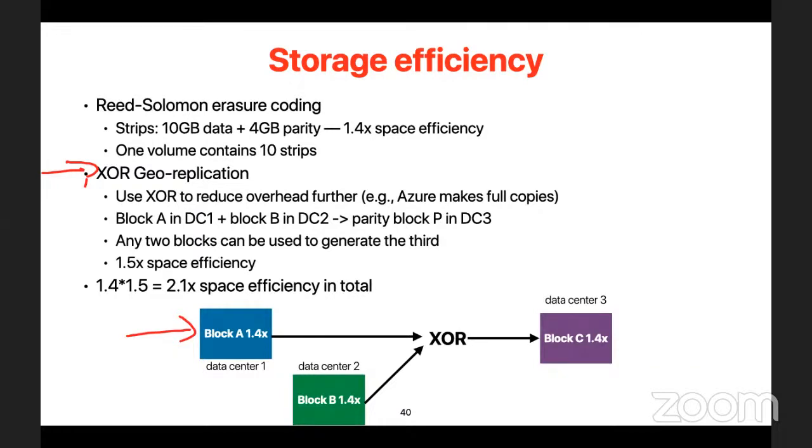What they are doing is this: I take two blocks together and perform an exclusive OR operation. Store the exclusive OR result on another block. Can you get it? This is how they store data in terms of geo-replication.